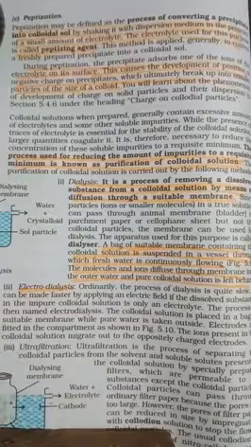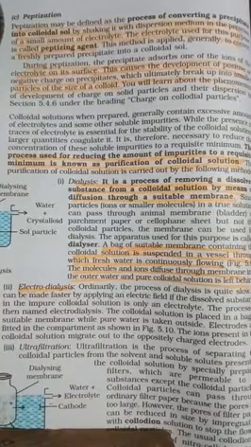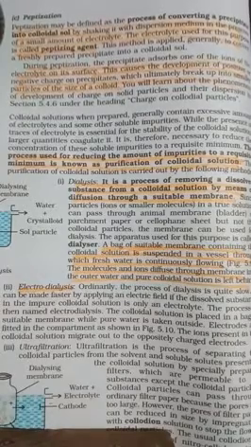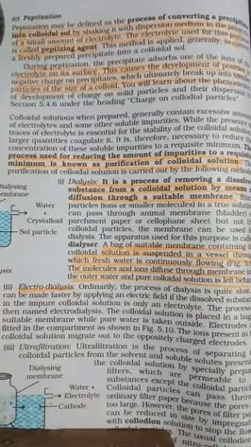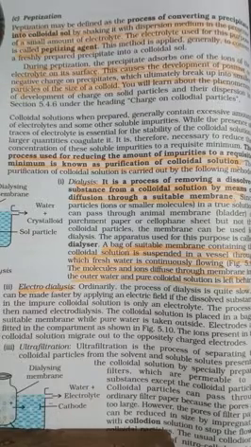If you get the colloids from that precipitate, then it is called peptization. In peptization, the electrolyte which we added is called a peptizing agent.